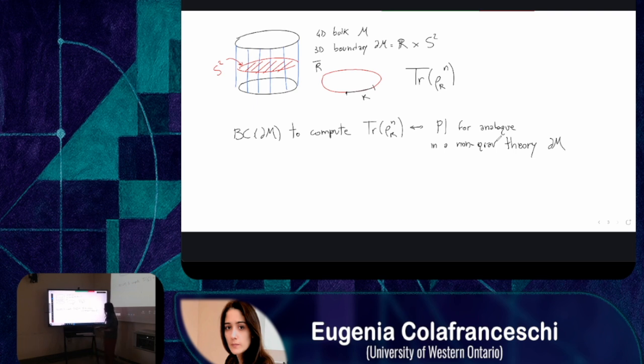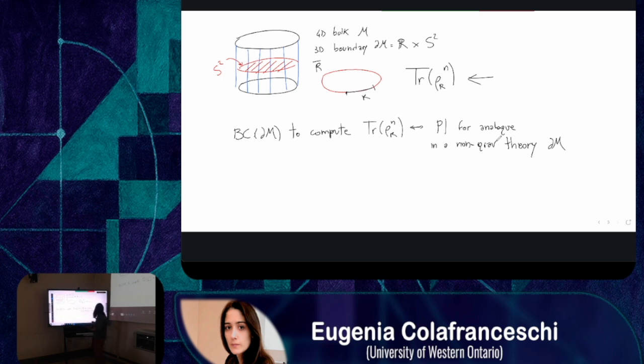We need to fix some boundary conditions to compute this quantity, and to do that we look at which path integral computes the analog quantity in a non-gravitational theory, which lives on the boundary of our box.